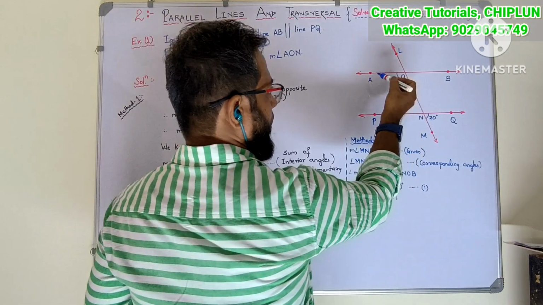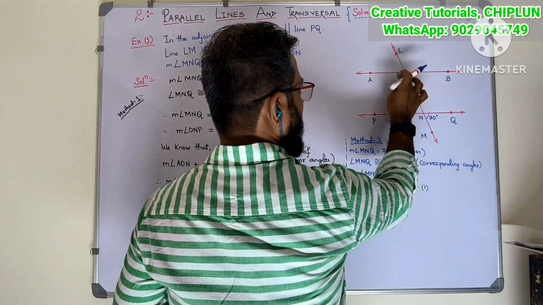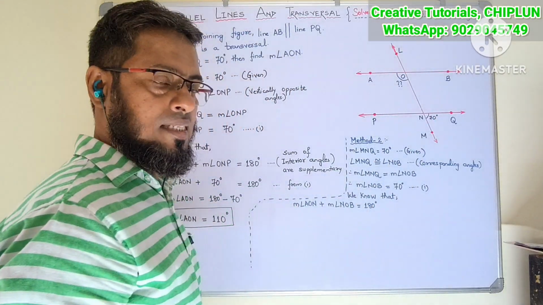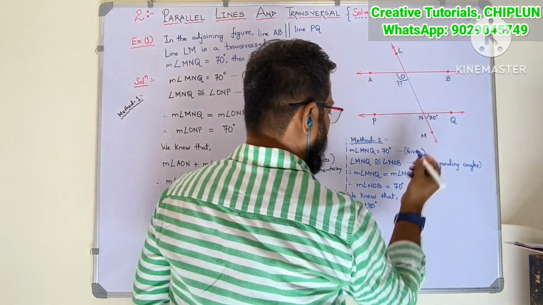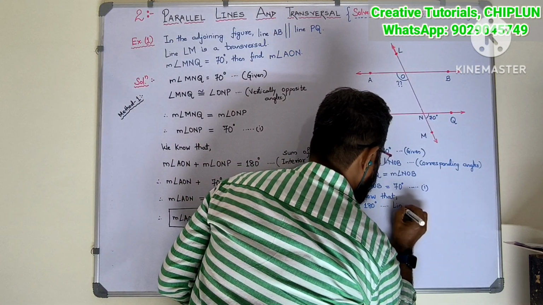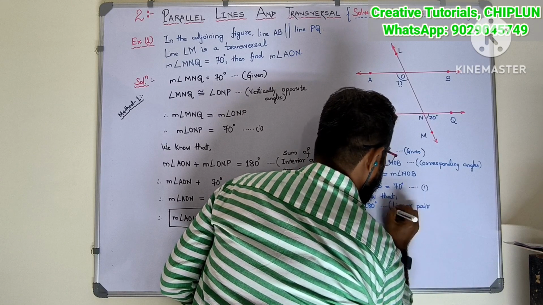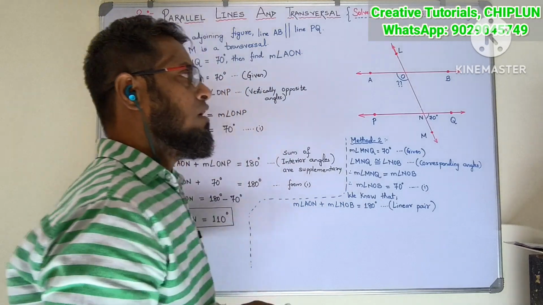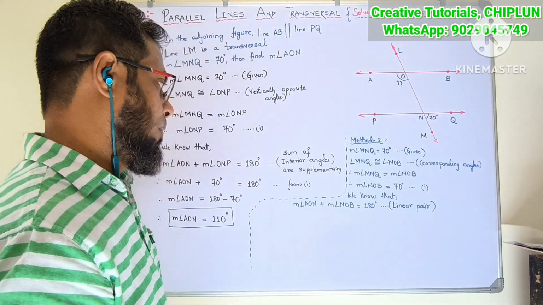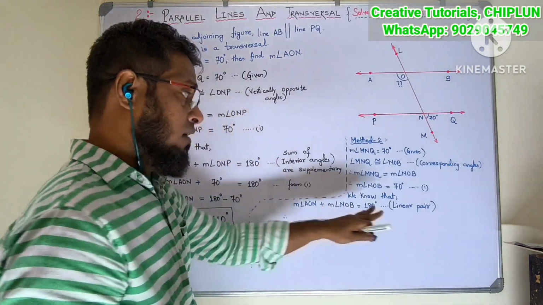You see, measure angle AON plus measure angle NOB, so this angle plus this angle form a measure of 180 degrees. Why? Because they are angles in linear pair. If you just write linear pair, it is sufficient. It's understood, because they are angles in linear pair basically. So what is this linear pair?